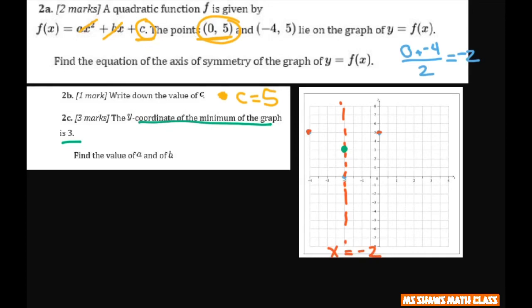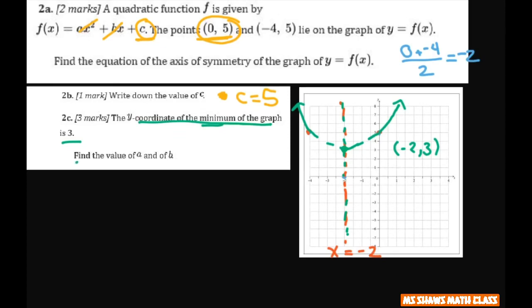And we know this opens up because it says minimum. If it said maximum, it would open down. So basically, it passes through these 2 points like that. So this point here is (-2, 3), because the axis of symmetry has to be on the vertex.